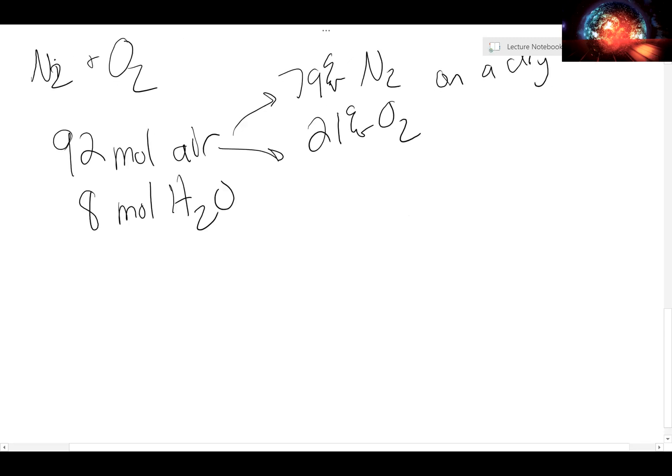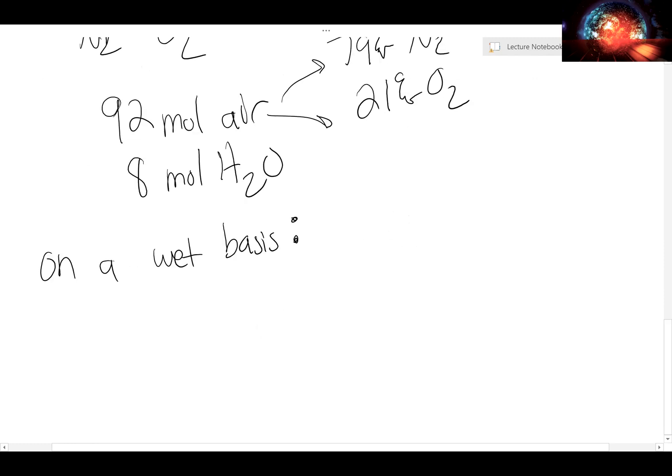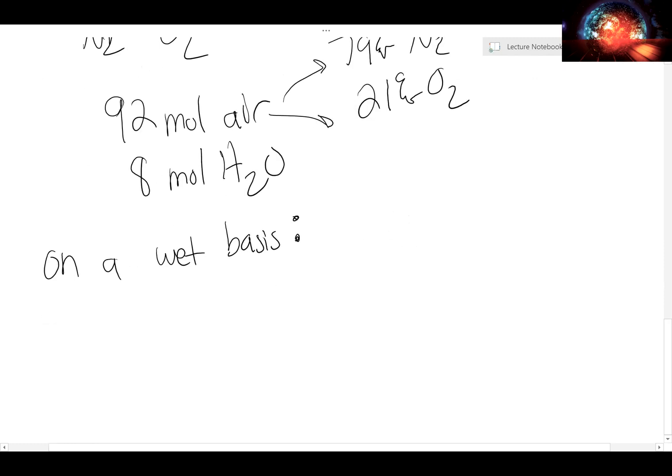And on a wet basis, those values will be lower, right? Because we only have 92 moles of air out of the total 100.